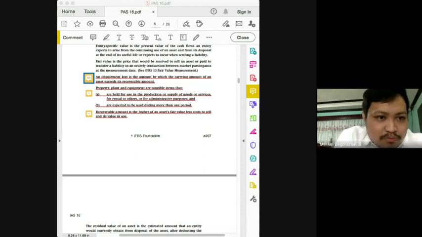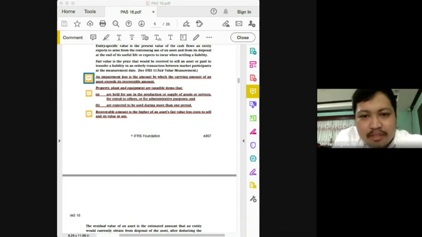So it's very important for you to remember the use for items that will be classified as property, plant, and equipment. What are these possible uses, class? Use in the production or supply of goods and services, used for rental to others, and third, for administrative purposes. So if a potential property, plant, and equipment is being used for any of these three uses, class, then it can be an item of property, plant, and equipment.